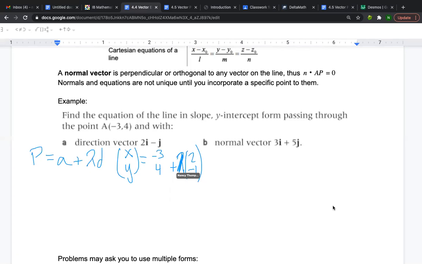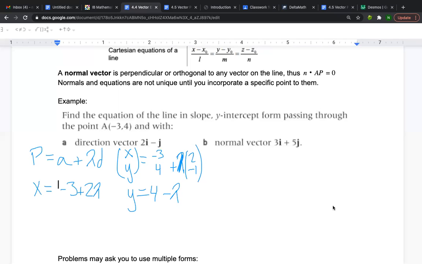Once I have that, I'm just going to split these into two pieces. I have that x is equal to -3 plus 2 lambda, and y is equal to 4 minus lambda. What I can do now is figure out what both of these lambdas are.